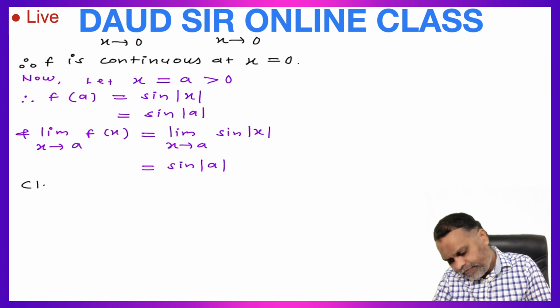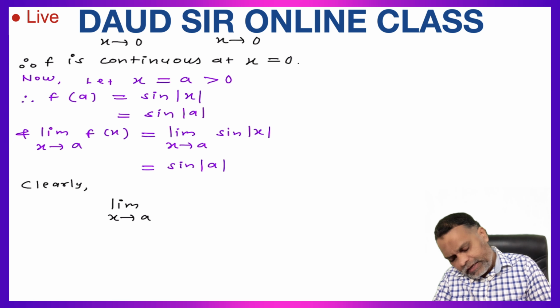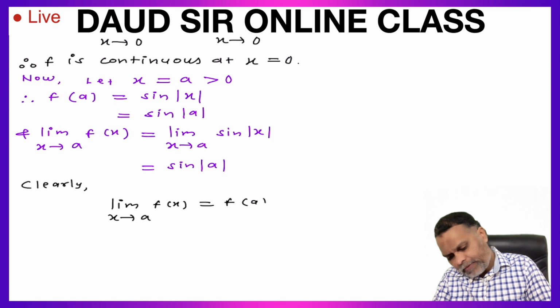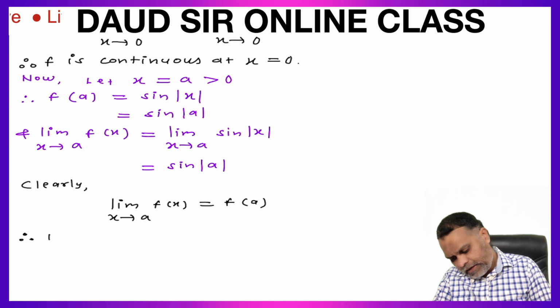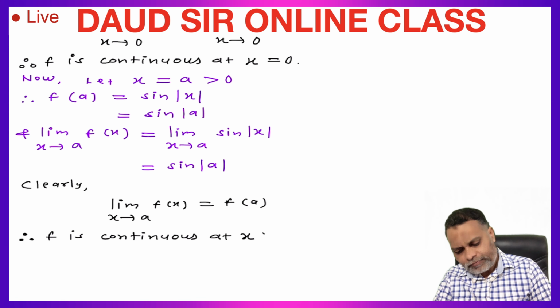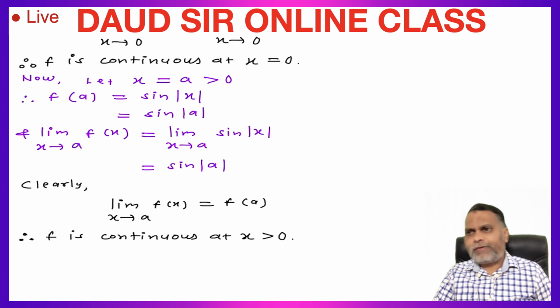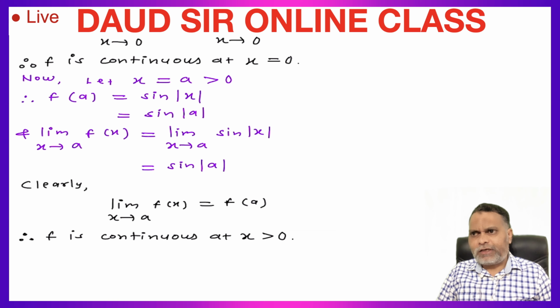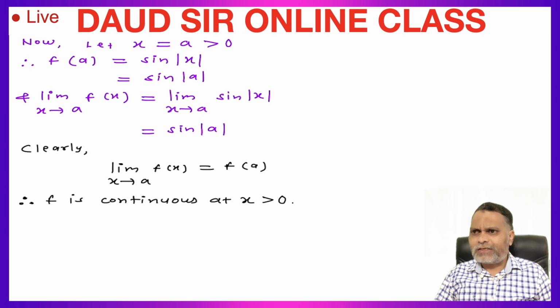So clearly limit x tends to a f of x is equal to f of a. Therefore f is continuous at x greater than 0. This function is continuous at x greater than 0. Now we can check for x less than 0.